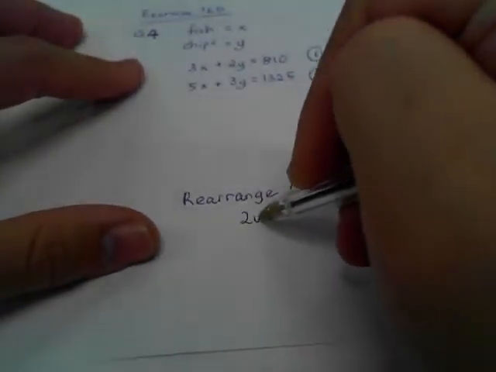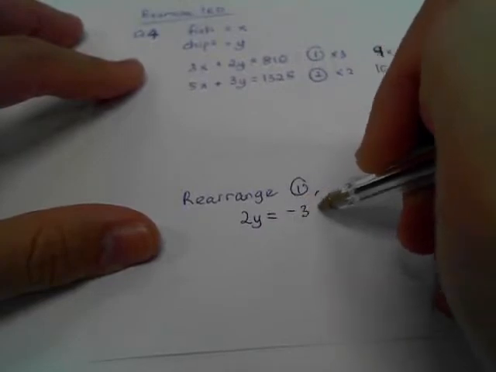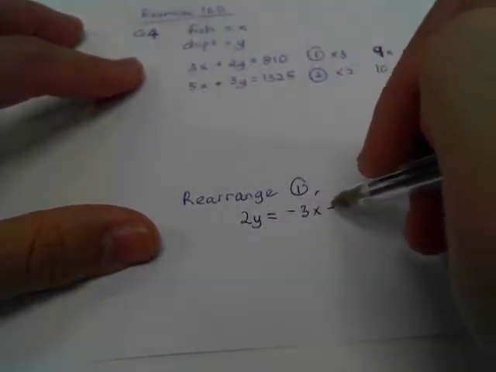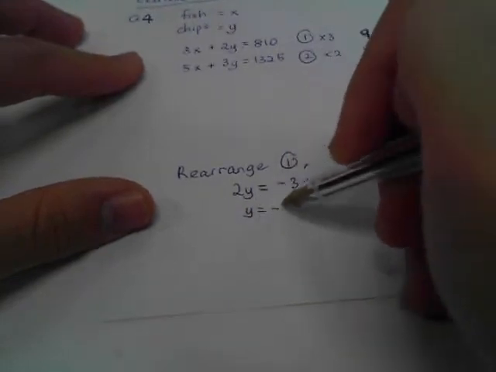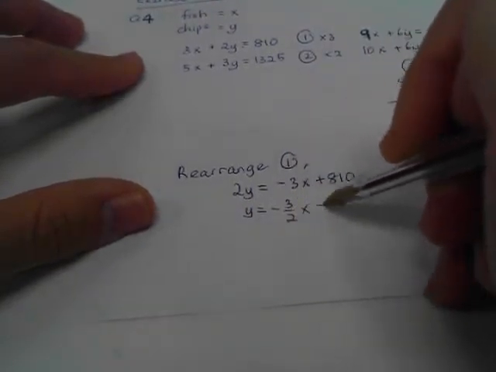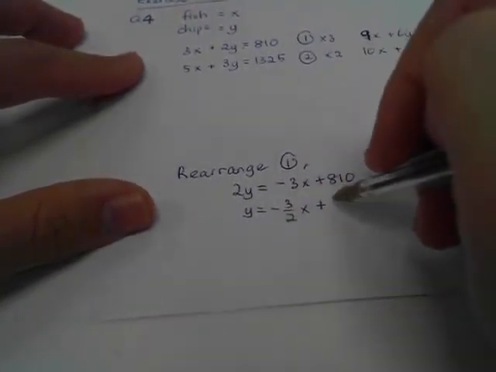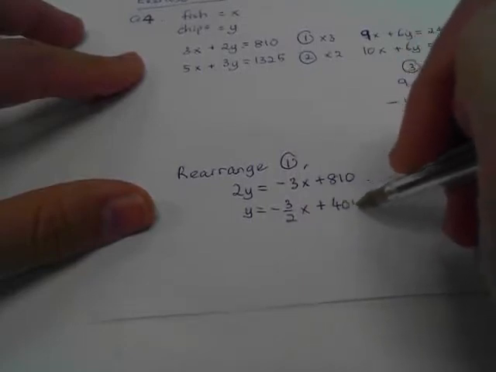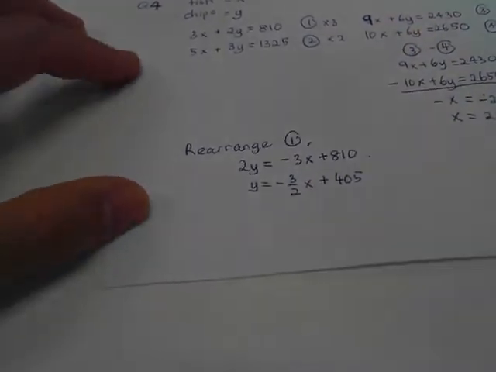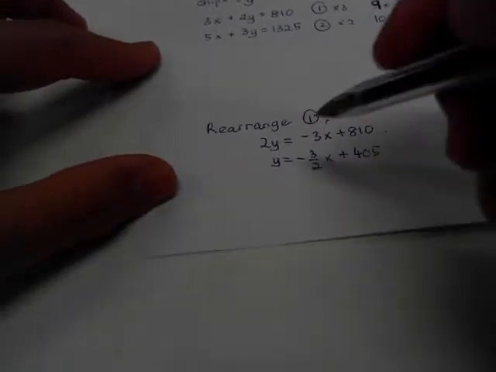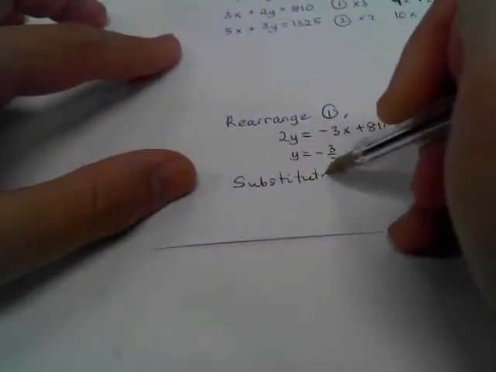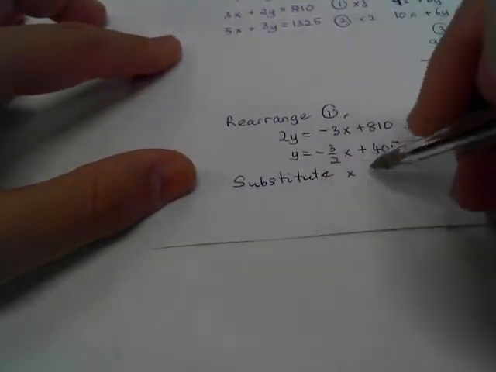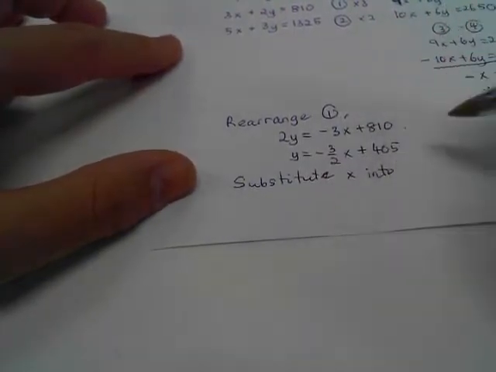So 2y is minus 3x plus 810. So y is minus 3 over 2 x plus 405.